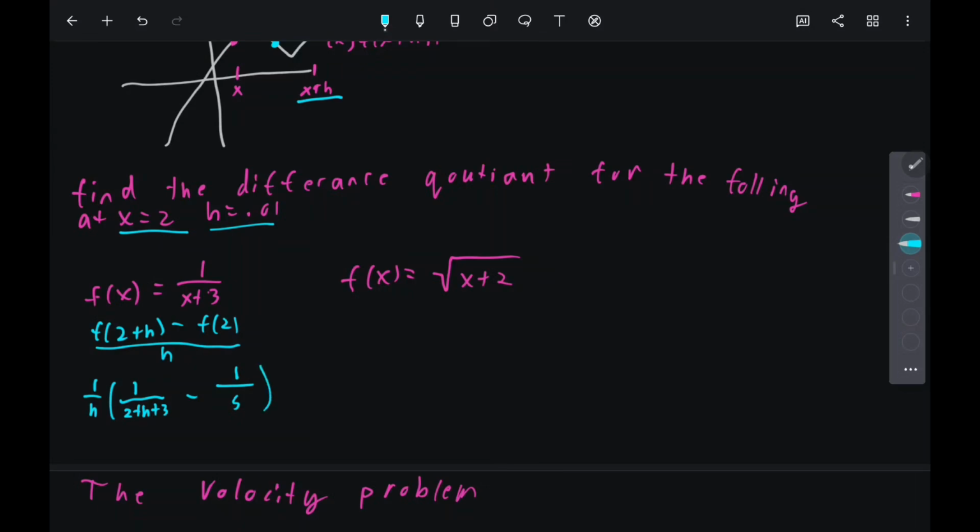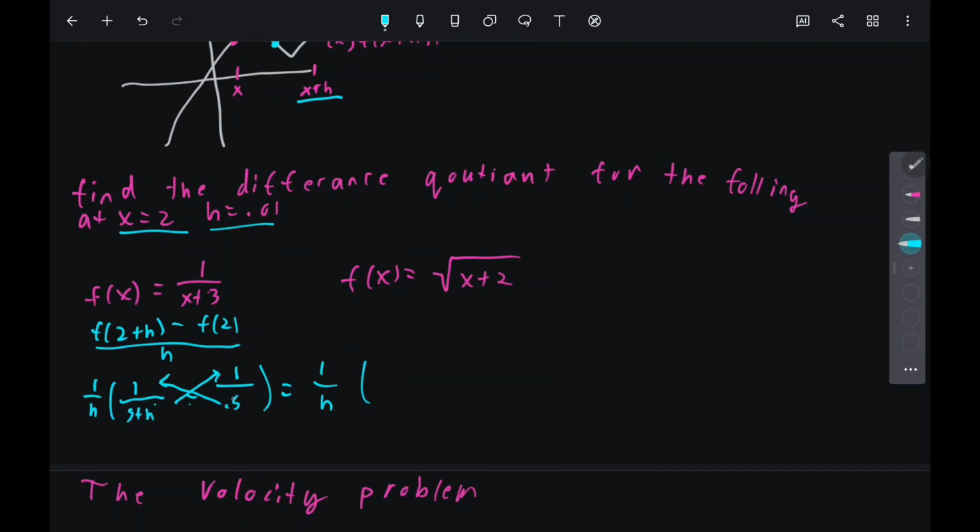Now let's see, what can we do with this? Well, there's a lot we can do. We're going to cross multiply, so we can get common denominators here. So I'm just going to rewrite this real quickly as 5 plus h.